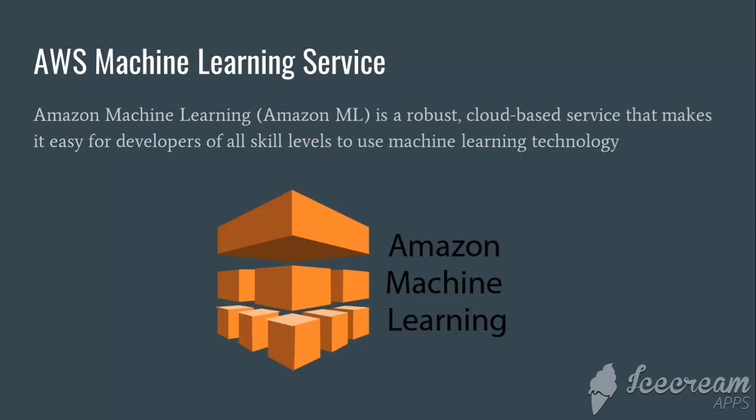Next, AWS Machine Learning Service. Amazon Machine Learning is a robust cloud-based service that makes it easy for developers of all skill levels to use machine learning technology. Basically, Amazon Machine Learning provides visualization tools and wizards that guide us through the process of creating machine learning models without having to learn complex machine learning algorithms or technology.